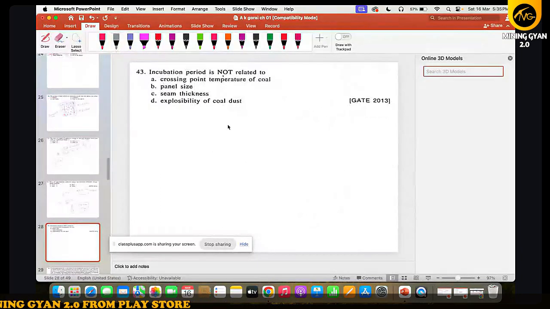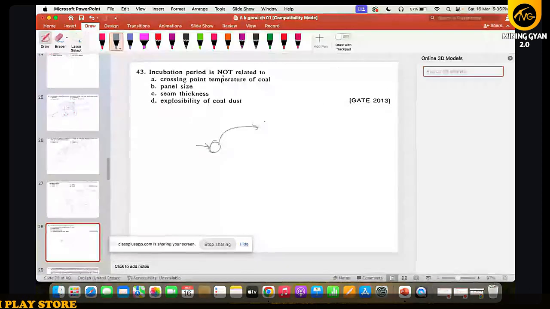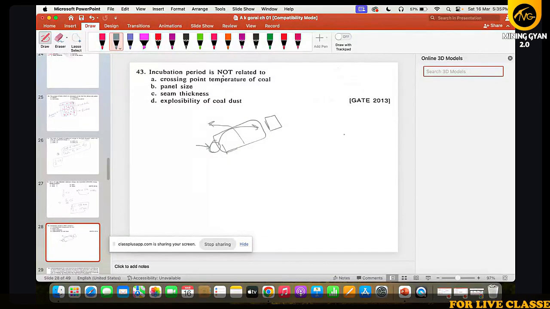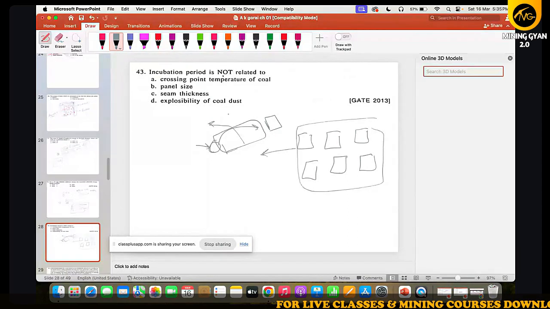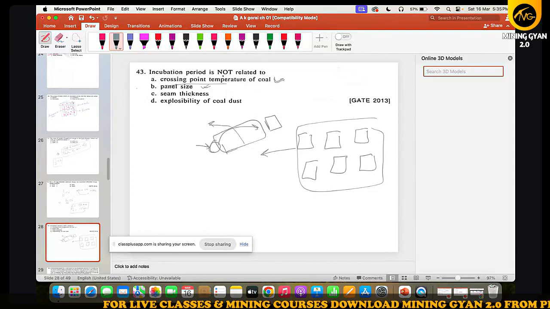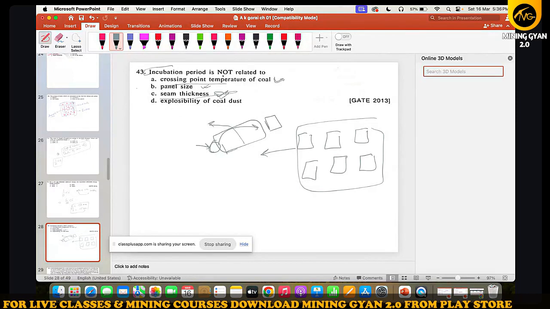Incubation period. What is the incubation period? I already told you that when coal is first exposed and spontaneous heating starts in it, that duration we call the spontaneous incubation period. So which factors determine it? Suppose we are using the board and pillar method, so we make panels. Yes, panels affect it. The crossing point temperature also affects it. Seam thickness, yes, seam thickness will affect our incubation period.